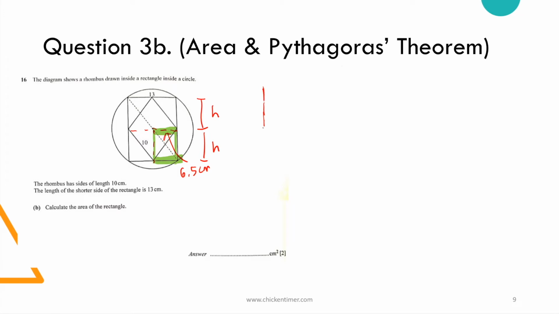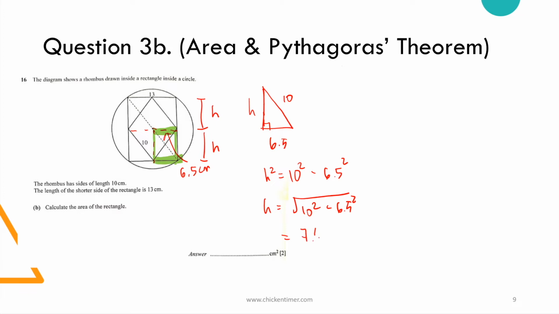So there we have a triangle which is 10 and 6.5. To find h, h square will be 10 square minus 6.5 square. So h will be 7.59.